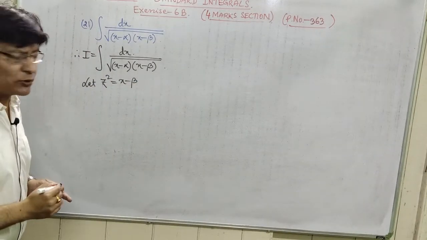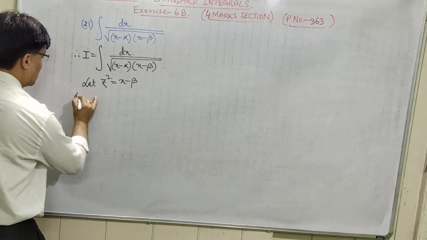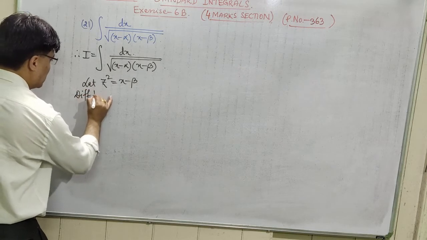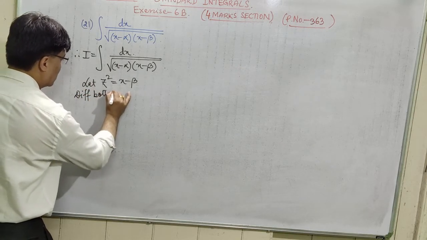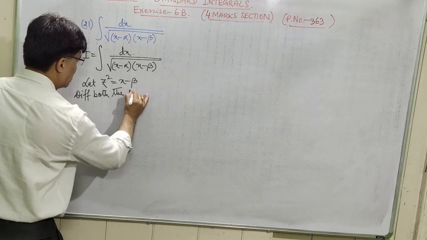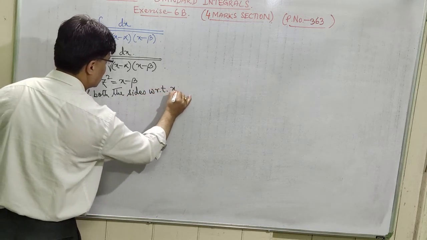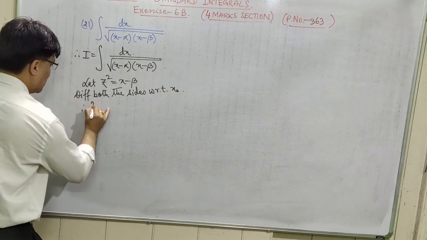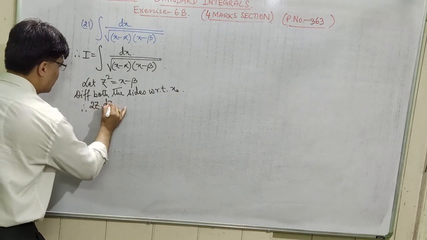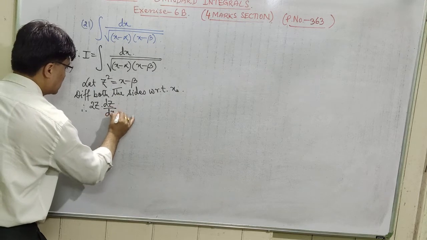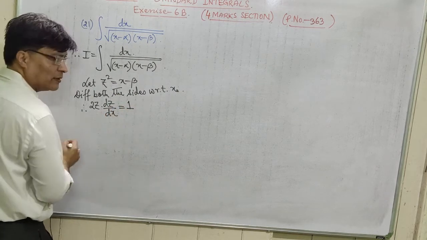Now you have to differentiate both the sides with respect to x. So it is 2z into dz by dx is equal to 1.